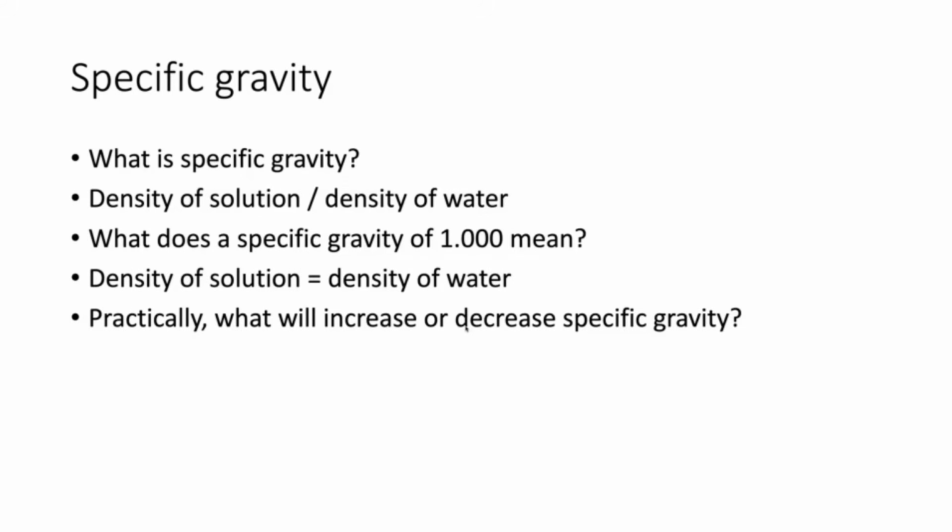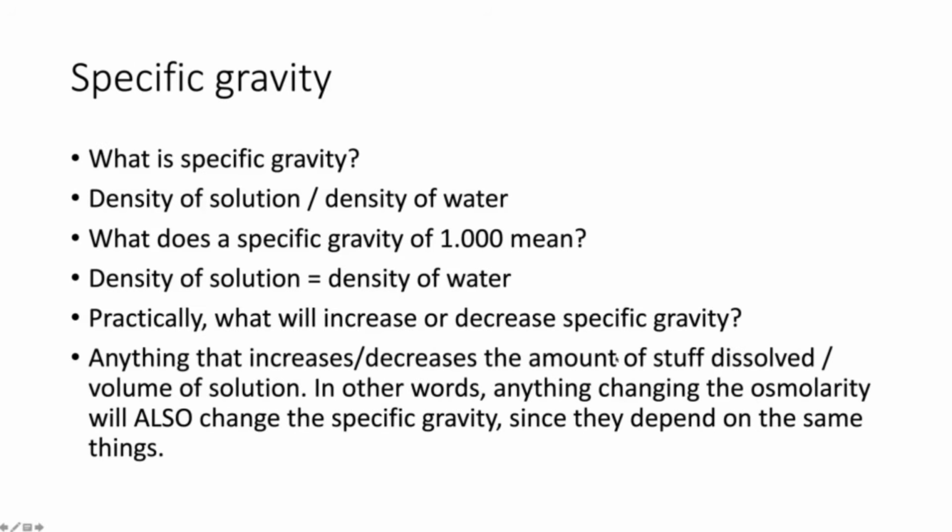Oh, okay. So if you're absorbing more free water, then you would have an increased osmolarity of your urine, which would increase your specific gravity. Yeah, totally. So anything that increases or decreases the amount of stuff dissolved over the volume of solution, it's the exact same principle. So Burke was right. Osmolarity and specific gravity are essentially interchangeable.